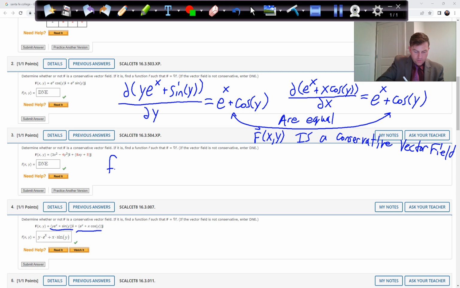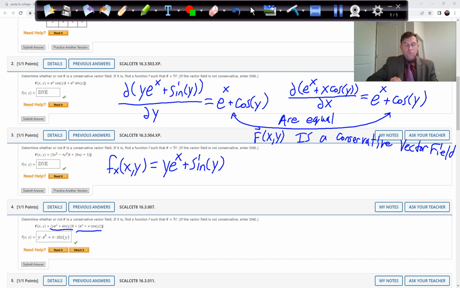So basically we're going to say this. The partial derivative with respect to x, which we'll call f sub x, should equal, after we take it, y e^x plus sine y. It's the I component of the vector field. And so now this is where we're matching x with I, the I component.